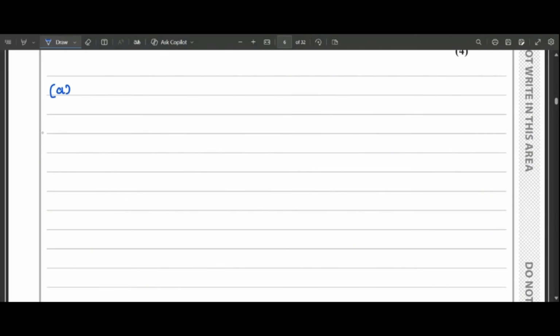So we can solve the question number 2. In part A, we have to write 7 cos x minus 24 sin x in the form r cos x plus alpha.